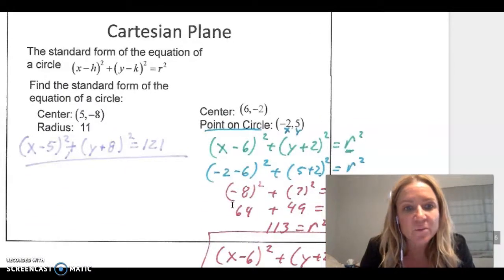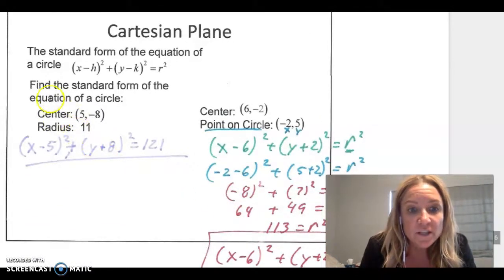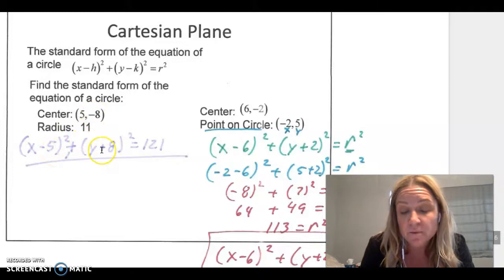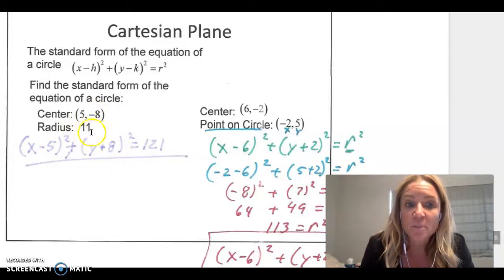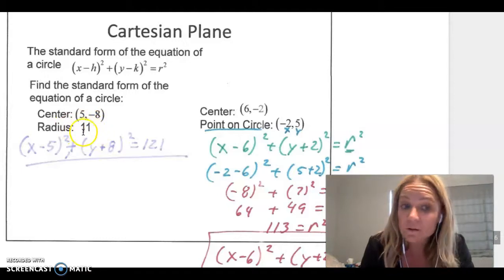All right, the standard form of the equation. So we need to find this, so we're just going to plug in 5 for this value right here, -8 here, which a negative minus a negative is plus. And then we're going to go backwards of square rooting, and we're going to square the 11, which is 121.